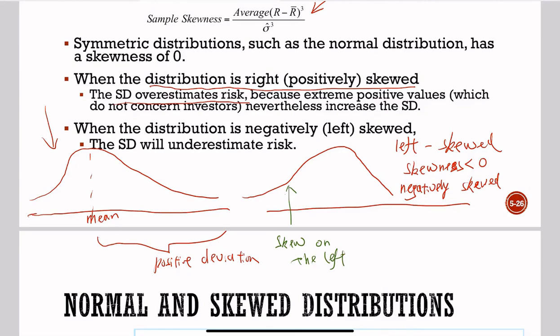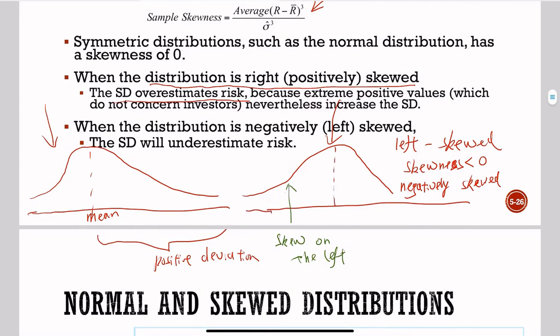And then you can imagine that when the distribution is negatively skewed, in this case, standard deviation will actually underestimate risk. Why? Well, the reason is quite similar to the case of a right skewed distribution. When the distribution is left skewed, it means that the negative deviation is much larger compared with the positive deviation.